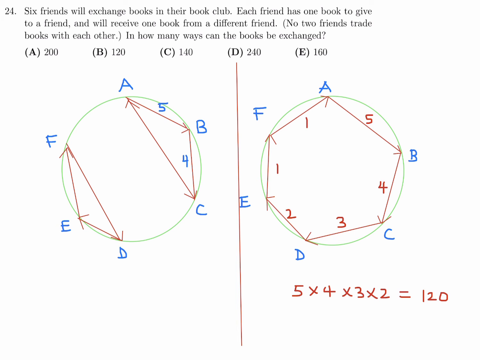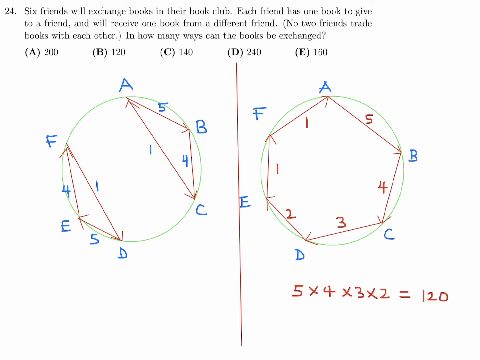Now, once you have that, interestingly, you've got 3 friends, and then C has no choice but to give a book to A. So that by default is just one possible choice. And that's it. Once you've selected a group of 3 friends, they just go around like that. In an identical way, this is 5, this is 4, and this is 1. So that's probably slightly more difficult to come up with, but I sincerely hope that you understand that.